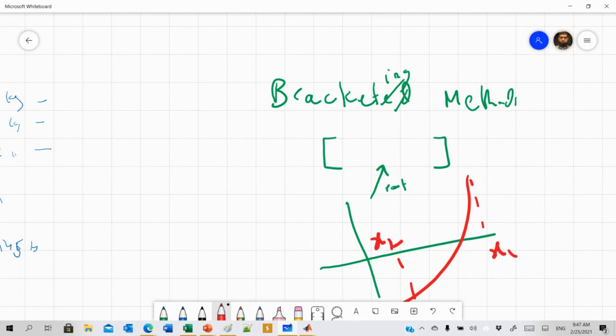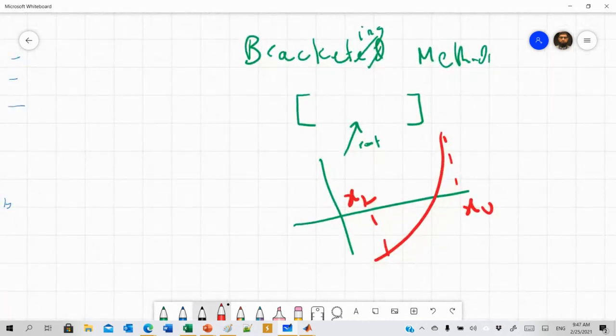I call this the lower limit and the upper limit, and I know that there exists a root in this interval. How do I check for the root? I can make sure that I have a negative function value here and a positive function value here, or the other way around, that I have different signs on the function values. That means that I definitely have a root between them. It has indeed crossed the x-axis. So I can find a root using this bracketing technique.